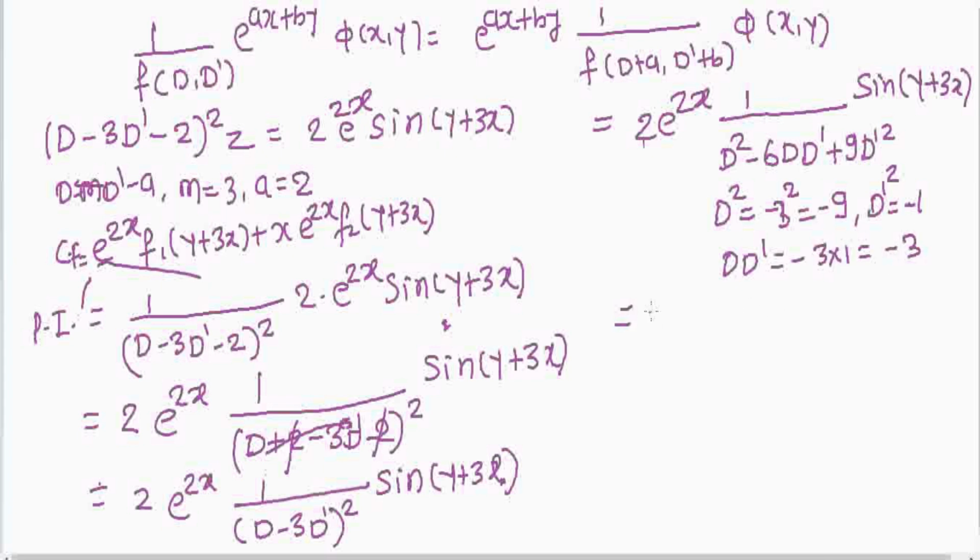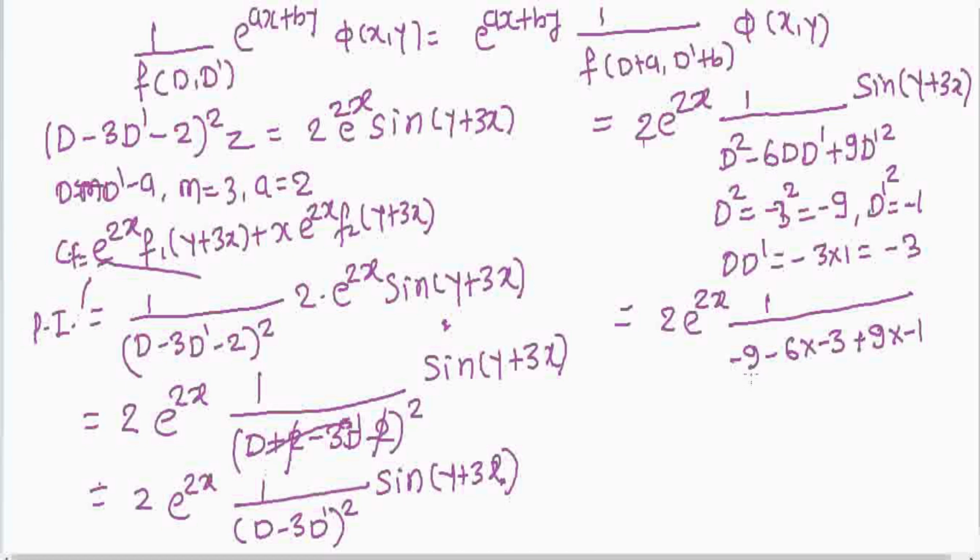Let us put these values: 2 into e raised to 2x divided by (D square, minus 9, minus 6 into D dash, minus 3, plus 9 into D dash square, that is minus 1).